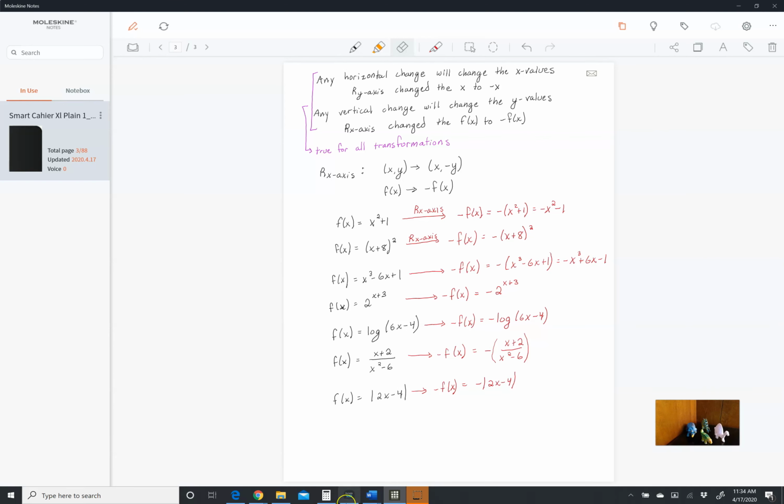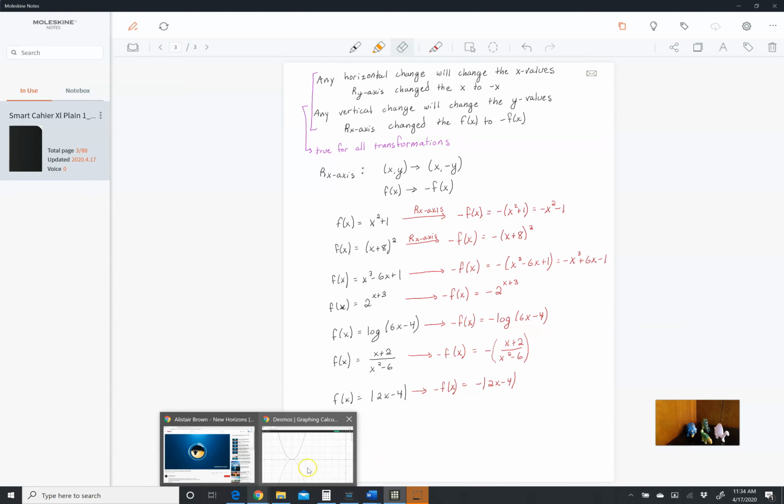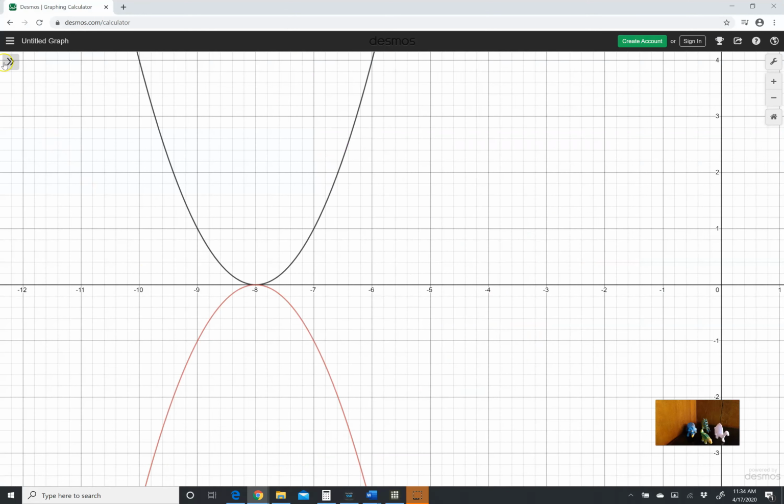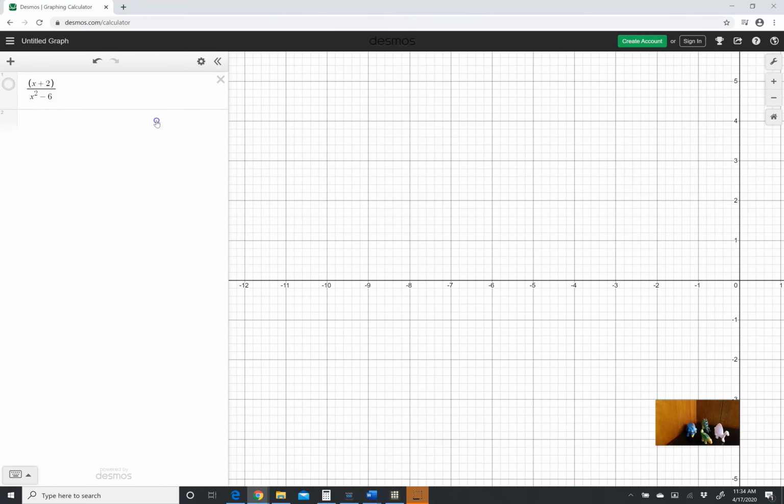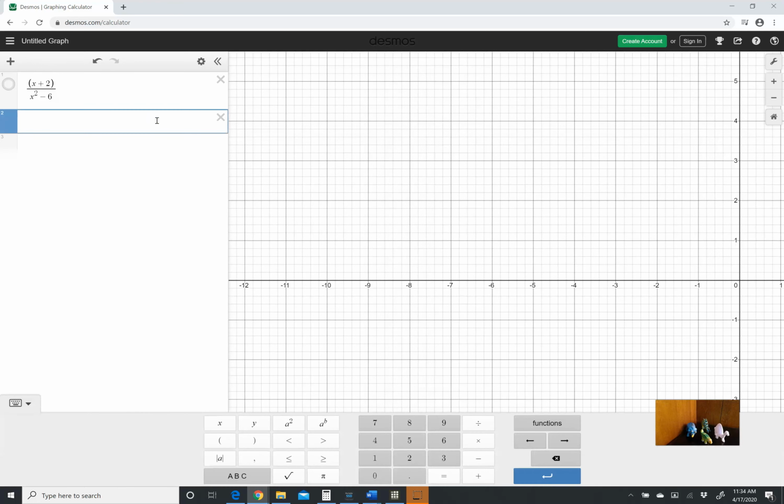Okay, let's take a look at what that looks like. We have absolute value of 2x minus 4. And then we're going to do negative the absolute value of 2x minus 4.